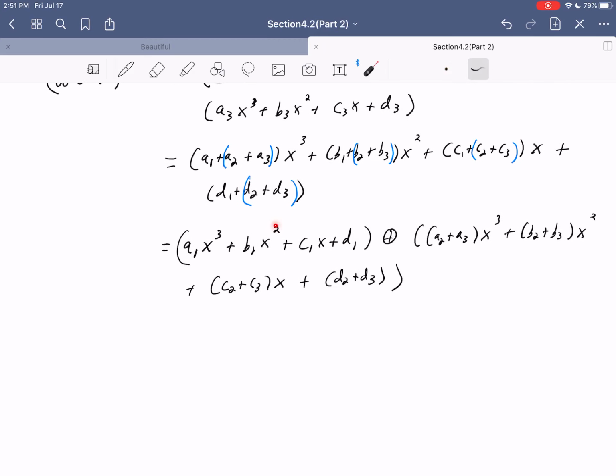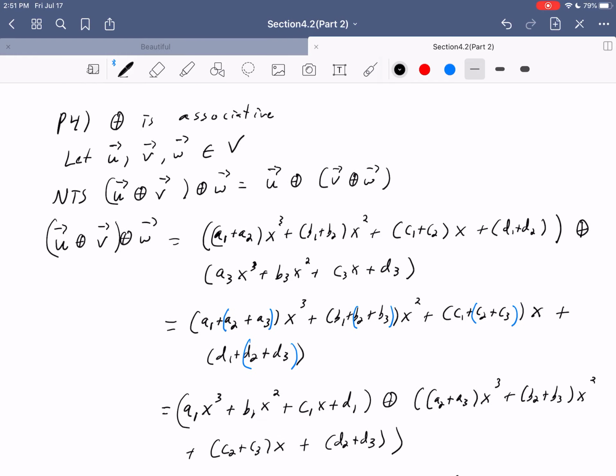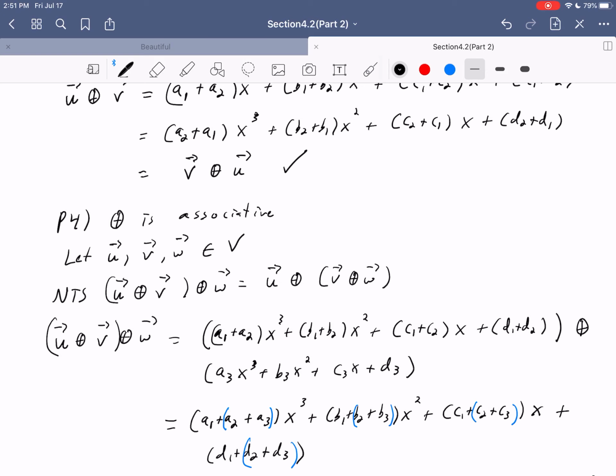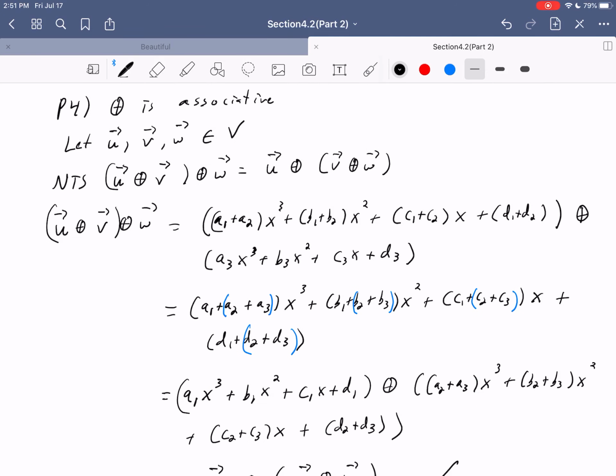Okay, now we know this, by definition, is of course the vector U. So this is U plus, and this, of course, is the definition of adding V and W. And so this is V plus W. And there we go. So we've proven that one. So P4 is also proven, the addition operation is associative.